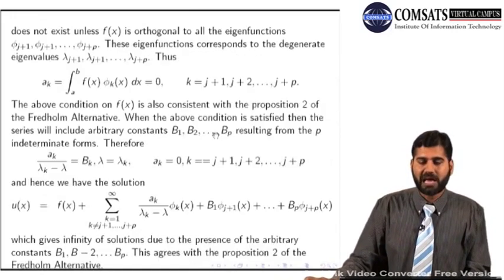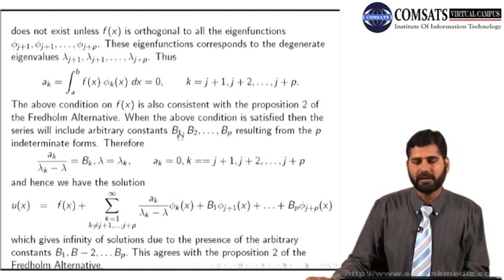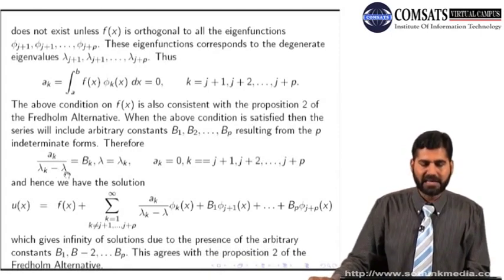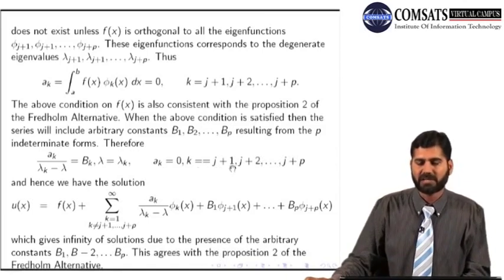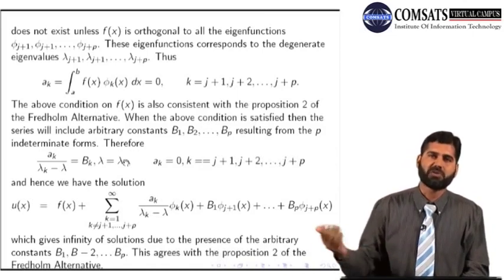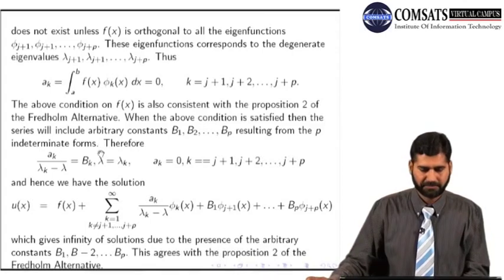So you will have arbitrary constants b1 up to bp, resulting from the p indeterminate forms. a_k over (lambda_k minus lambda) becomes b_k when lambda is equal to lambda_k, and of course a_k is 0 in this case, and k goes from j+1 up to j+p. We call them b1, b2 up to bp because they have become indeterminate.